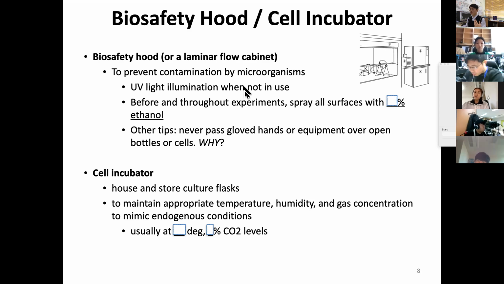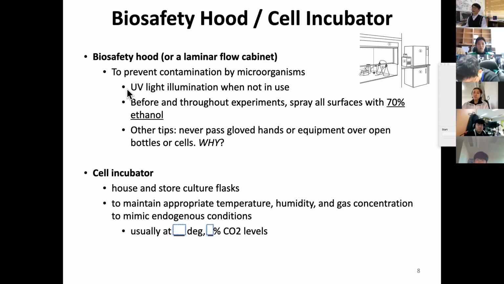But another very important thing is before and throughout, from time to time, and even after the experiment, you are supposed to spray all surfaces with 70% ethanol. I said this many times.